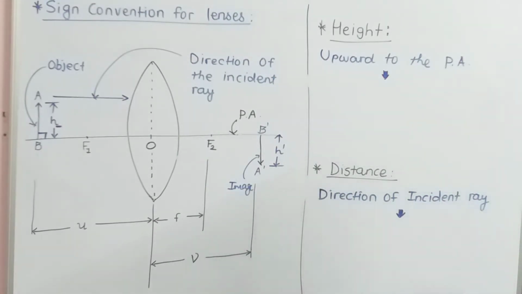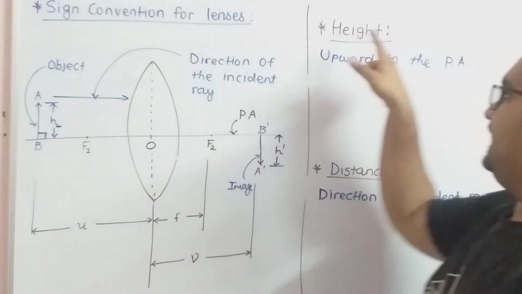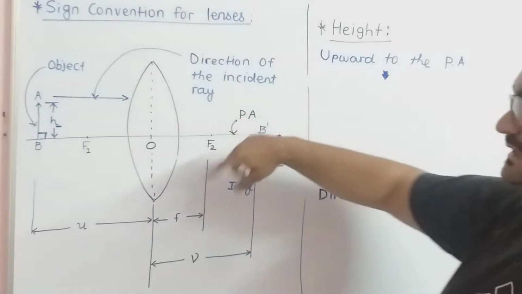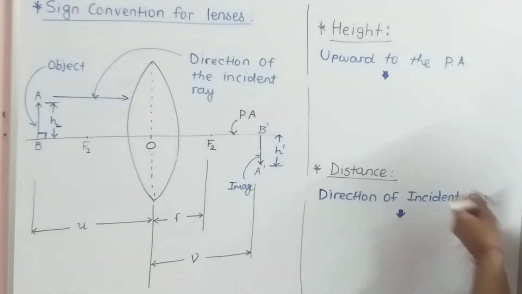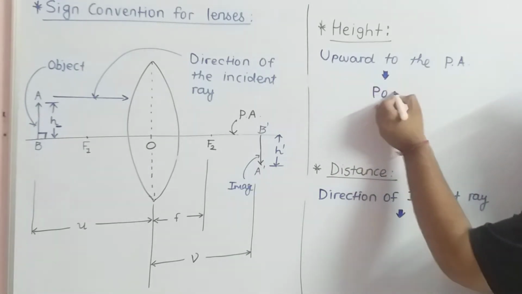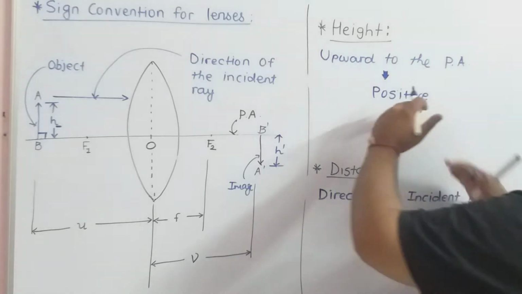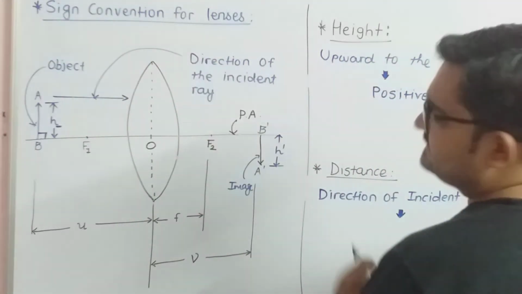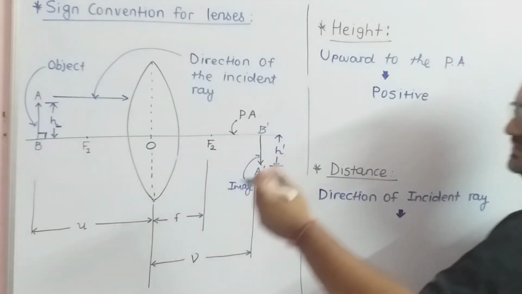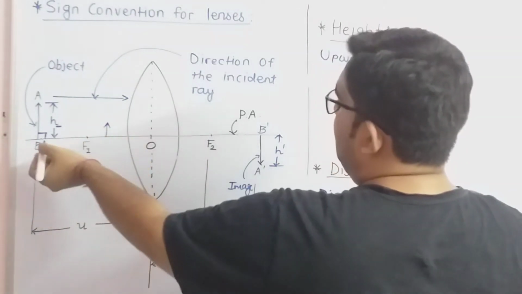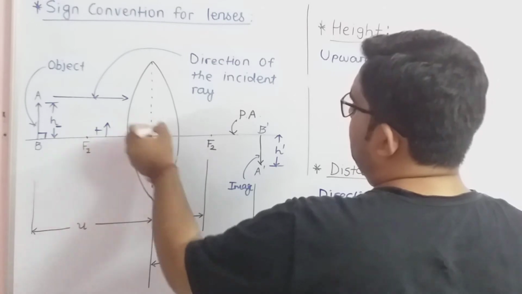Now we will discuss first about the height. So always upward to the principal axis, we take height as positive. Or in general we can say that above the principal axis, height is positive.